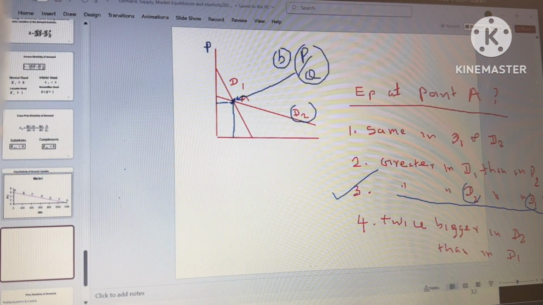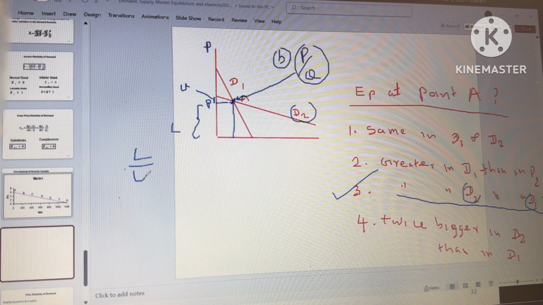If you are forgetting all these things, I can't tell it again and again. If you use this price, I told you, lower segment to the particular price axis. This is the lower segment if you use D2, and this small part is the upper segment. To get the answer, you have to divide the lower segment by the upper segment.